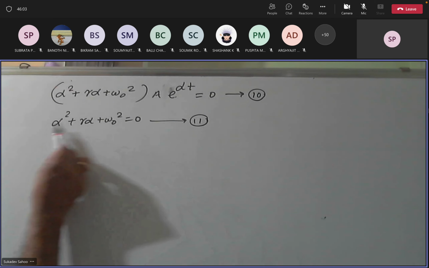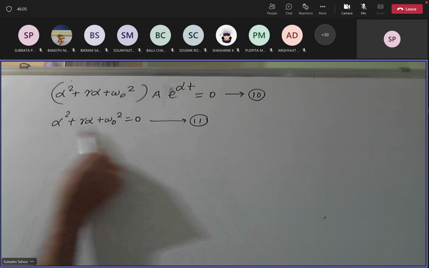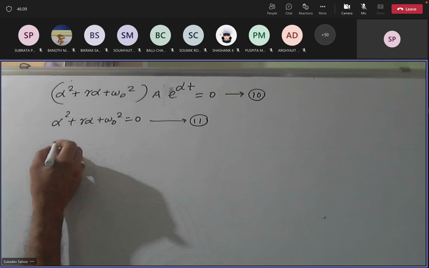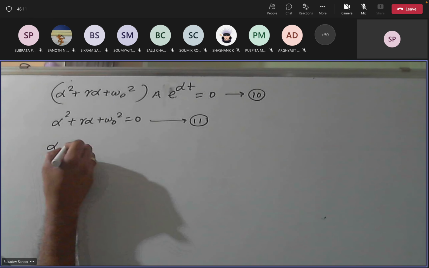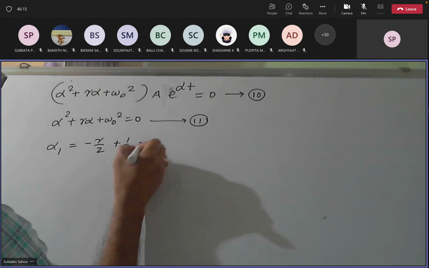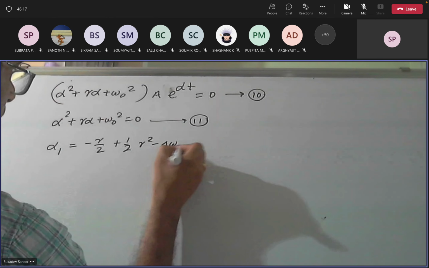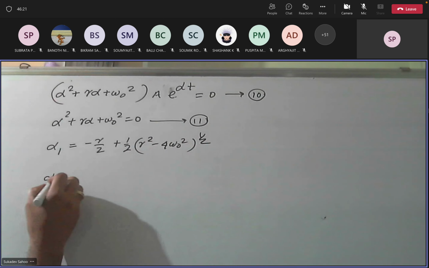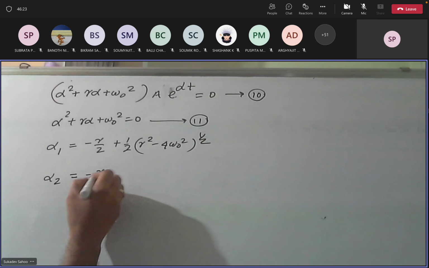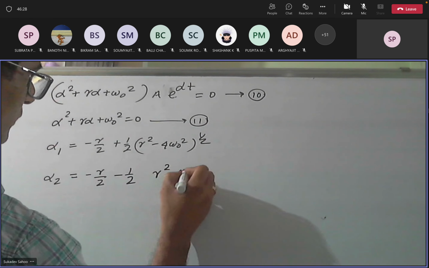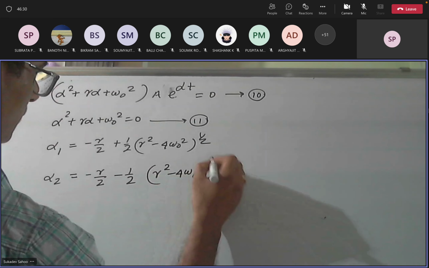So now since it is a quadratic equation, I think all of you know that we can get two solutions. That is alpha 1, I can write like minus gamma by 2 plus half gamma square minus 4 omega 0 square to the power half. Similarly, alpha 2 can be written as minus gamma by 2 minus half gamma square minus 4 omega 0 square to the power half.